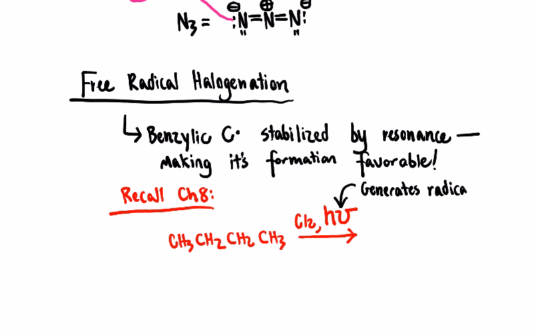Radicals are going to require the energy from the light or heat here in order to be generated. So that's one clue to you that a radical reaction is taking place, if you see that light and heat being present there.